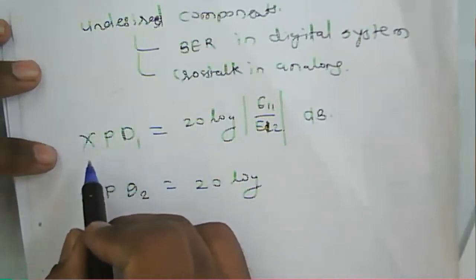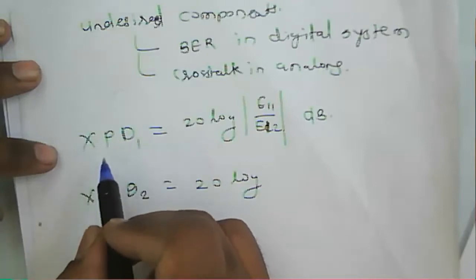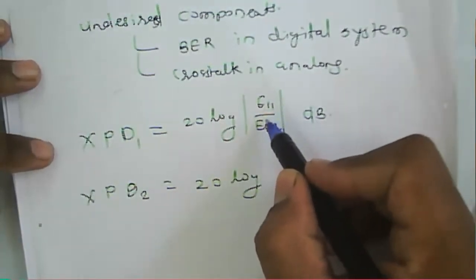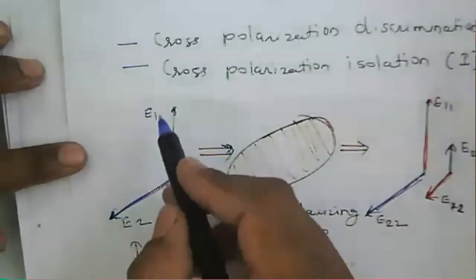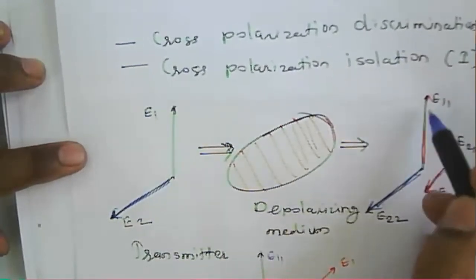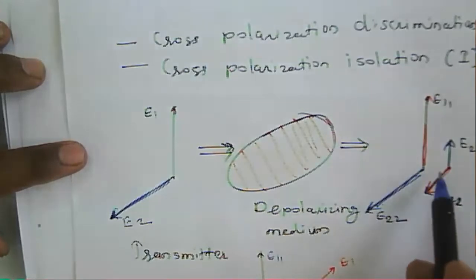This is the cross polarization discrimination factor 1. It is the ratio of the desired component of a polarized wave in the polarized direction to the component in the orthogonal direction.